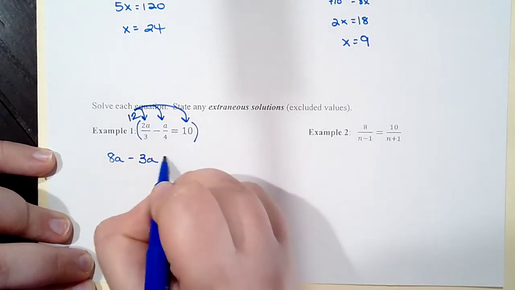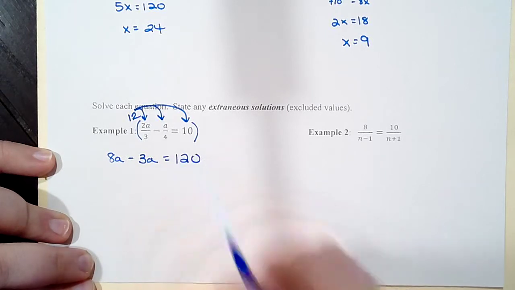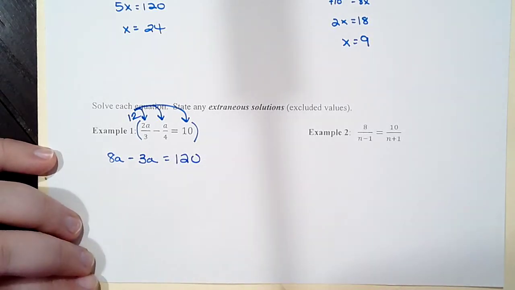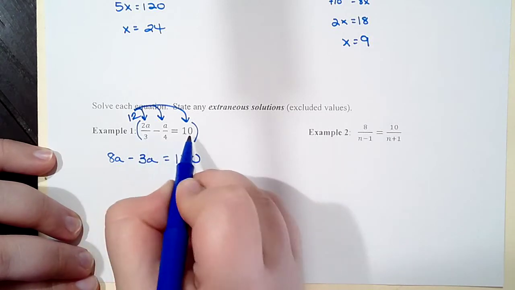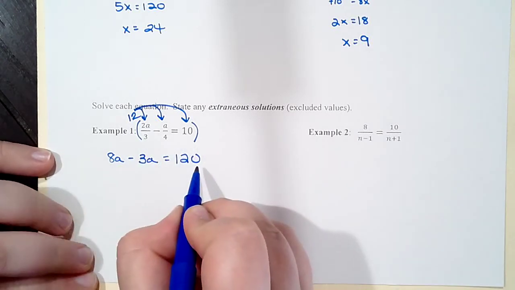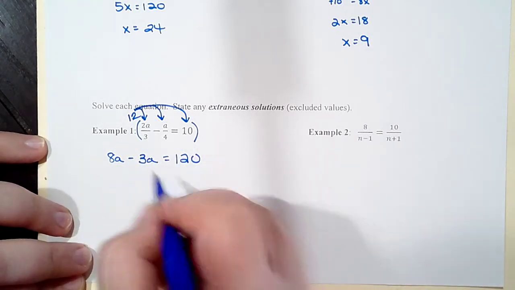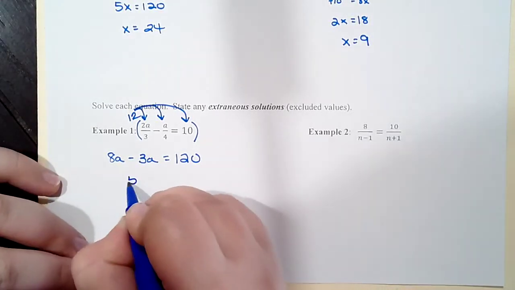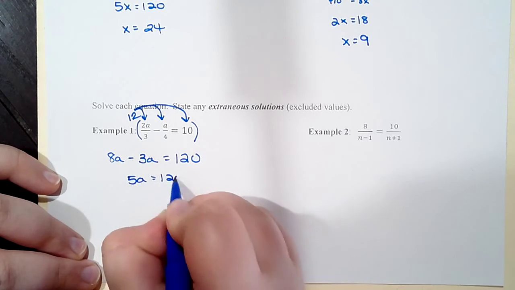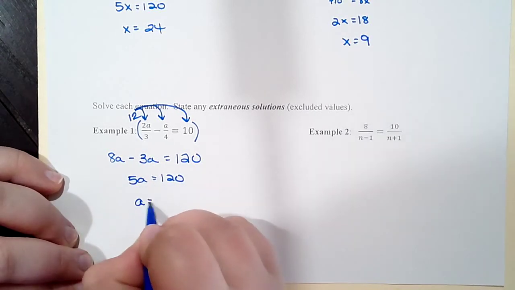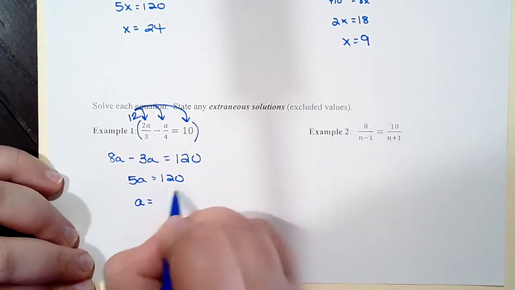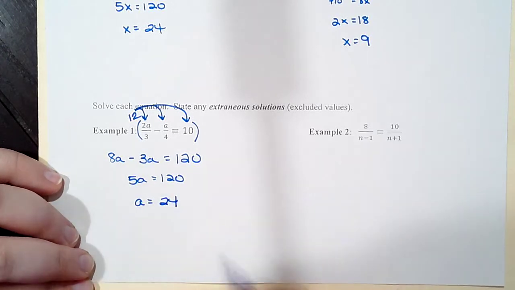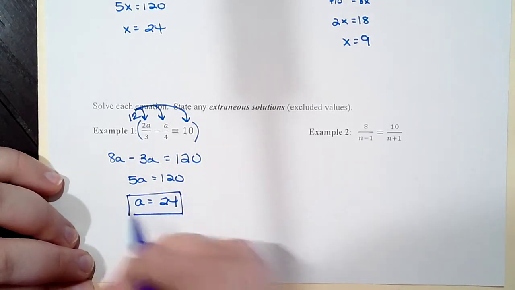And 12 times 10 is 120. So by just finding the LCD, I have now turned this into a problem that has no fractions, and I can solve it the exact same way that I did this one. 5a equals 120. As we saw before, 120 divided by 5 is 24, and there's my answer.